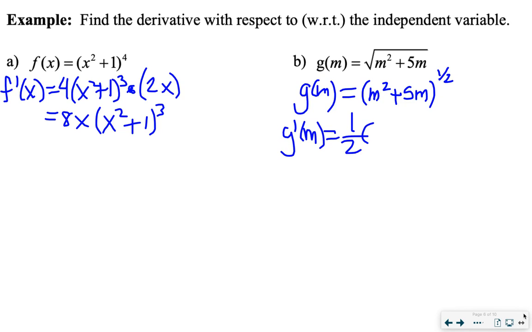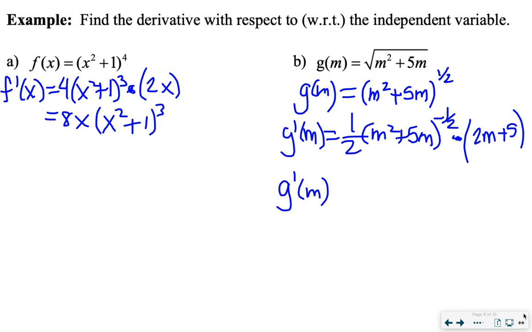So 1/2 times m squared plus 5m to the negative 1/2, and I'm going to multiply that by the derivative of what's inside the brackets, so that gets me to 2m plus 5. So then if we clean that up a little bit, my derivative is 2m plus 5 all over 2 times the square root of m squared plus 5m. And we're not going to worry about rationalizing.